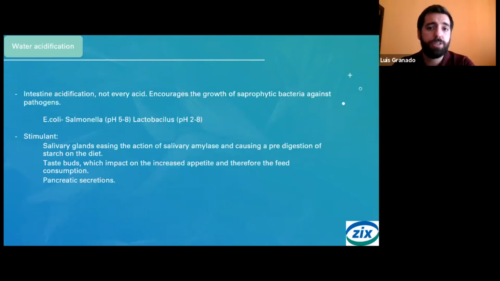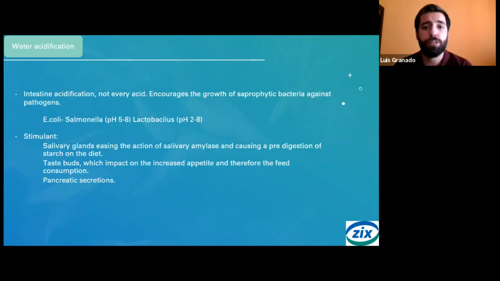And then we have the case of wanting to acidify the intestine, right? And here we have to be clear, knowing that it is difficult to get to the intestine with acids. We can reach the first parts of it, but for sure we will not be able to reach the large intestine.